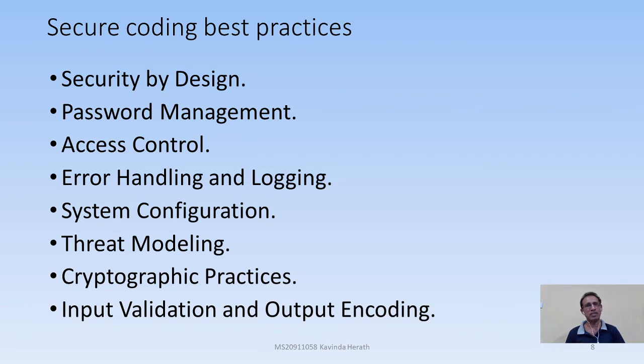Secure coding best practices. Again, the principles we already discussed are the same. The coding best practices are also sort of principles, but you need to do them in a good way to keep your code secure. Secure by design, password management, access control, error handling and logging, system configurations, threat modeling, and cryptographic practices.